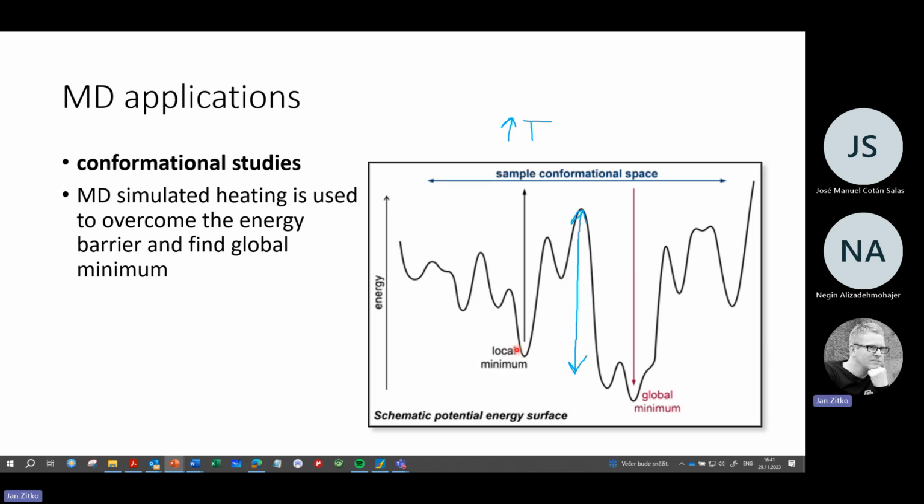So molecular dynamics will help you to go from here to here to here, and then you can happily fall down and find the global minimum. So conformation analysis based on molecular dynamics is very often used, especially when you want to be sure that you have explored the conformational space of your molecule.